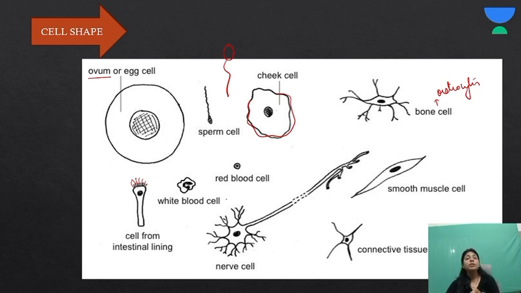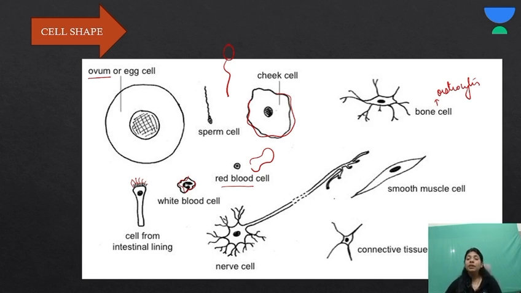White blood cells, which are your immune system cells, are irregular and amoeboid, like their shape is not particular. Whereas when you talk about the red blood cells, they are the oxygen transporters, and they are generally biconcave so that their surface area increases and their efficiency to carry oxygen also increases.